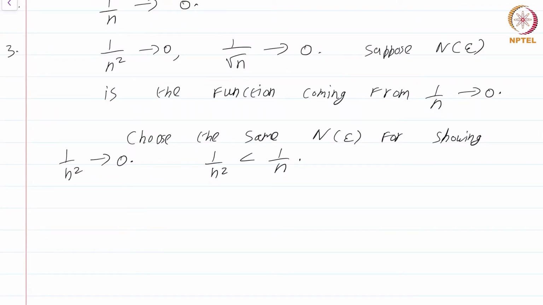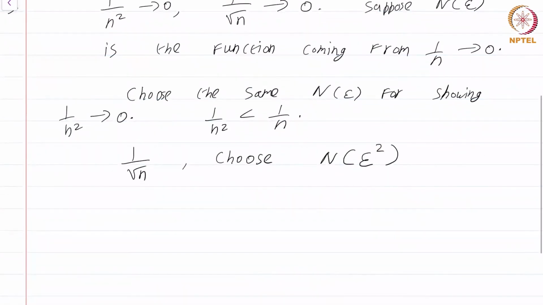Okay. What about for 1 by square root of n? Well, just choose n of epsilon square. Okay. Choose n of epsilon square. How does this help?